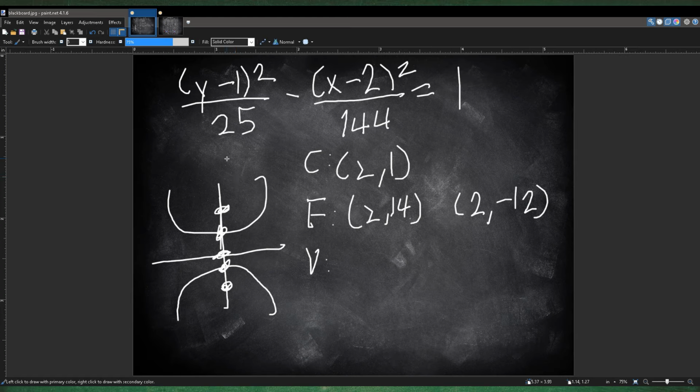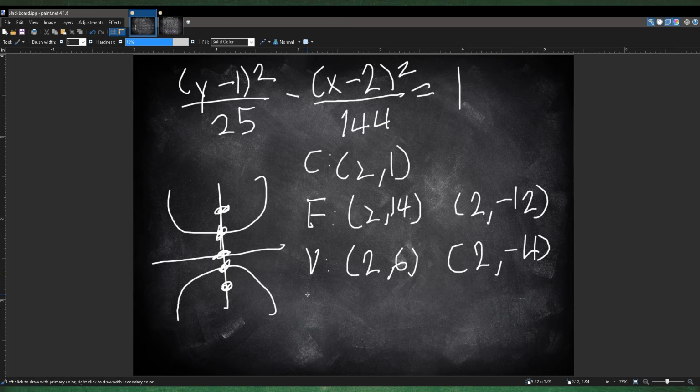So the vertices are going to be at 2, 1 plus 5, which is 6, and right here, 1 minus 5, which is negative 4. The square root of 25 is 5, if I didn't say that before. If I said in the previous example it's the larger number, it's not the largest number. It's the number under the positive coefficient, the positive variable.